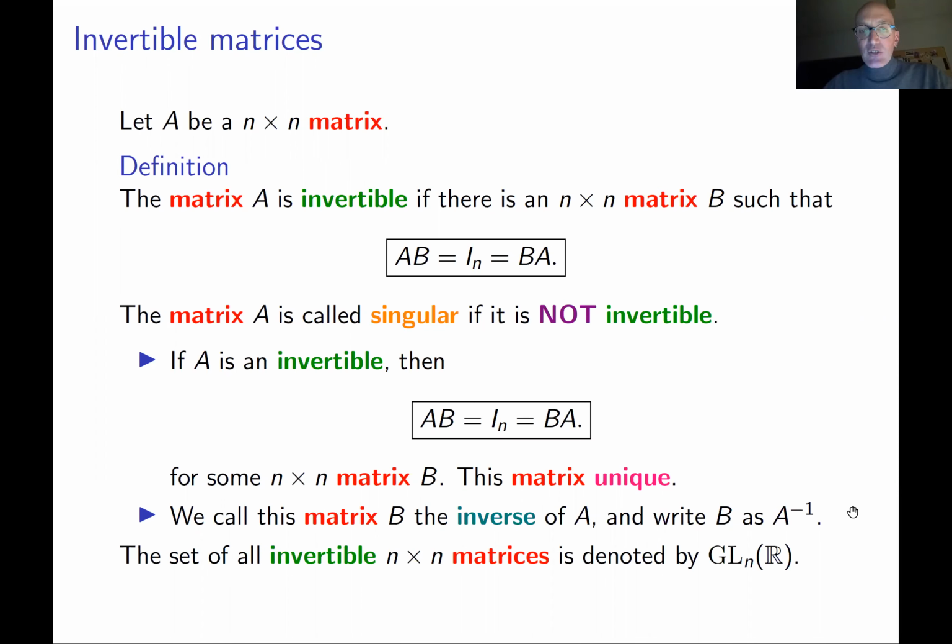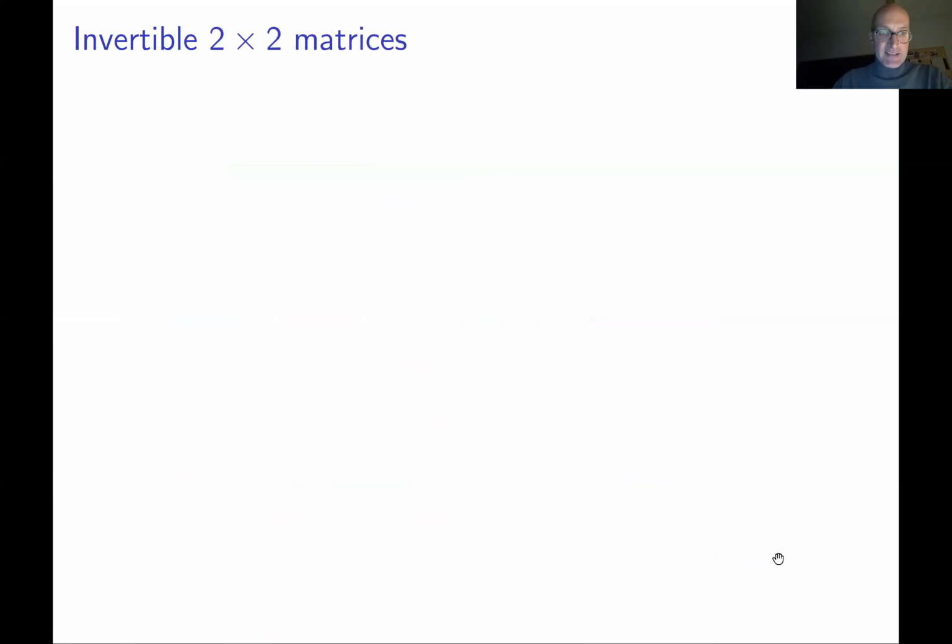The set of all invertible n times n matrices is traditionally denoted by the symbol GL_n(R). GL stands for general linear, n is the size of the matrices, n times n, and R says the entries of these matrices are real numbers. So it's called the general linear group of n times n invertible matrices.